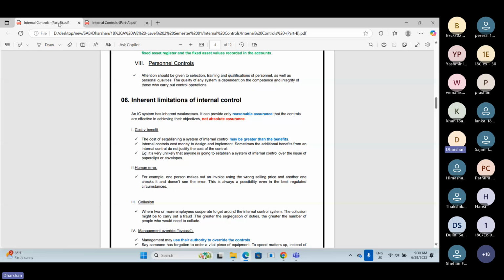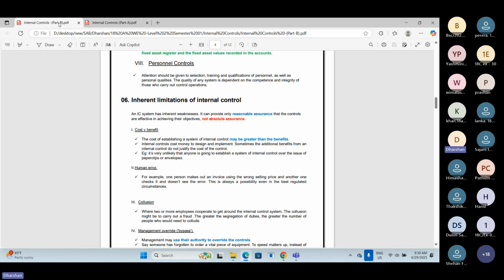They should incur cost, no other way. So first they should incur the cost and then implement the control. If they incur cost and implement the control, they should have a benefit more than the cost.